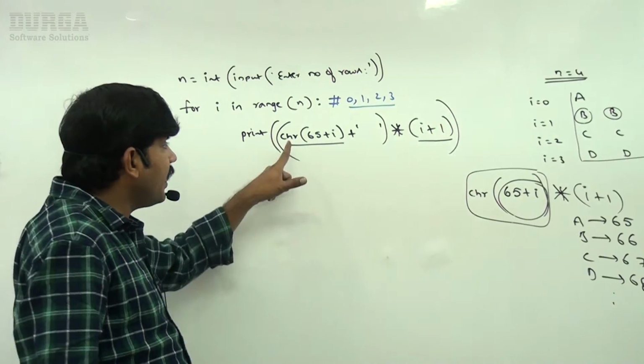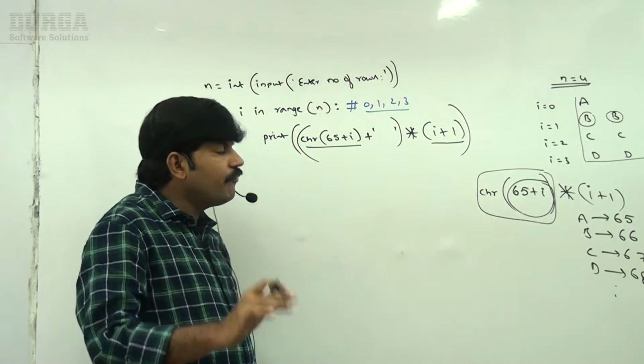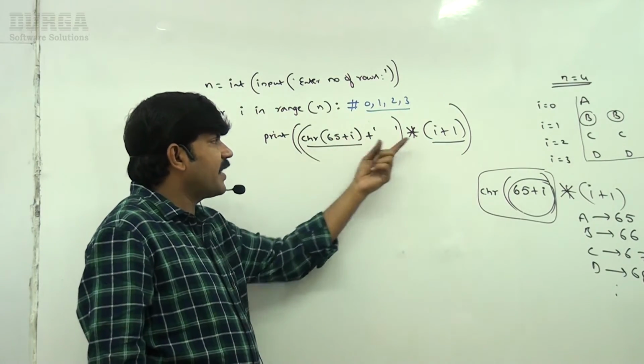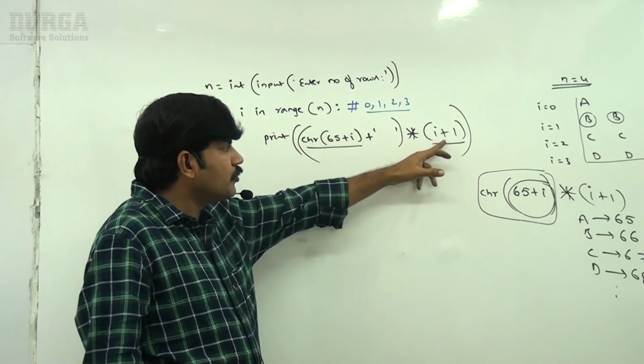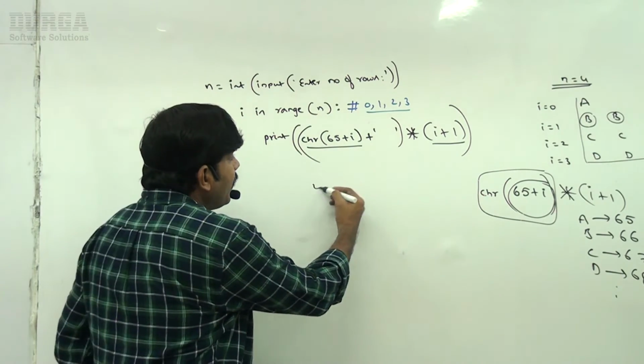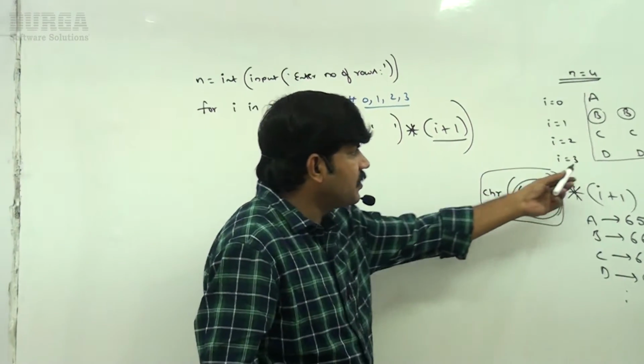If i is 0, this character will come only once. If i is equal to 1, this character will come 2 times. If I write this code, happily we are going to get the right angle triangle with alphabet symbols.